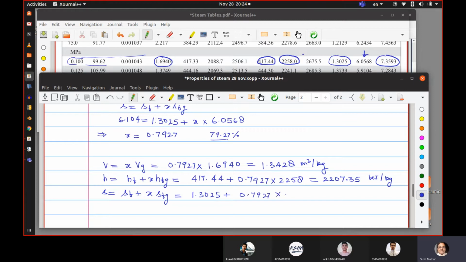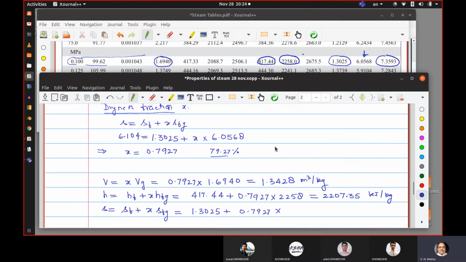Oh, this is already given. S is already given. We need not calculate S. In fact, with the help of the value given for entropy, we have calculated the dryness fraction. So that's over.